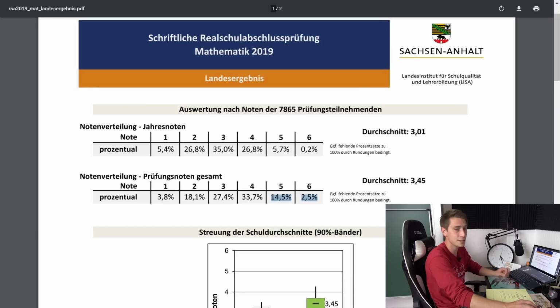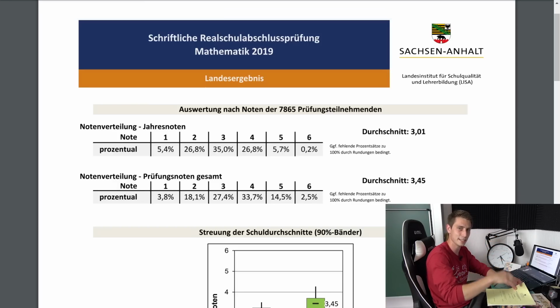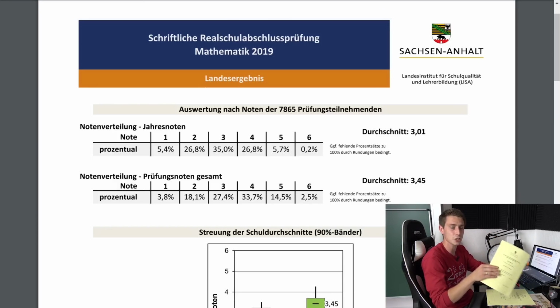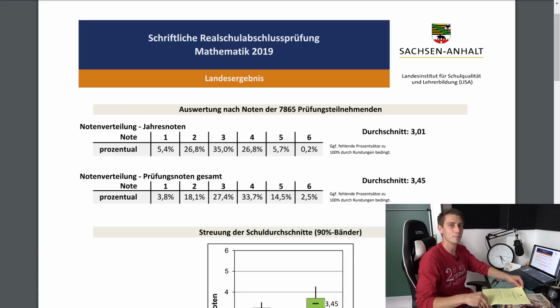And then we have nearly 17%, or exactly 17% basically, who need a better grade like 3 or 2 in English or German to compensate for their miserable efforts here, or they just completely fail the whole thing.